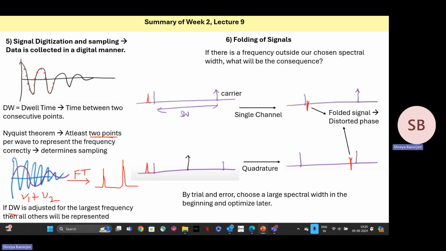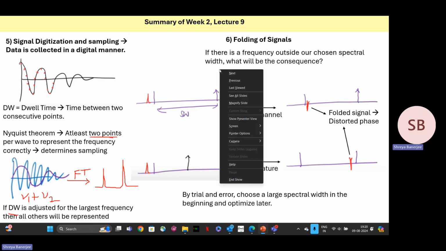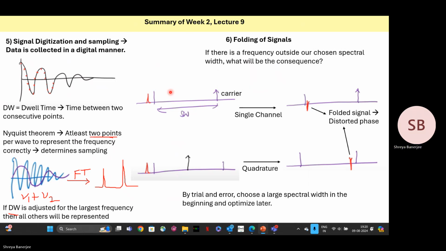Now, what will happen if there is a frequency outside our chosen spectral width? The spectral width is the frequency range that we are sampling. Suppose we are sampling a frequency range shown by the arrow here, but there is a frequency which is falling outside that range. So how will we know that?